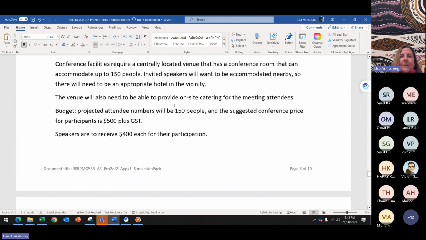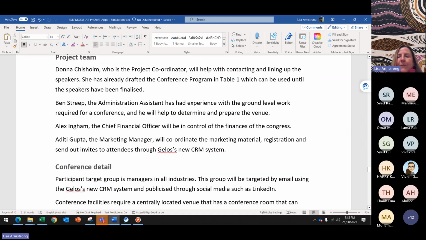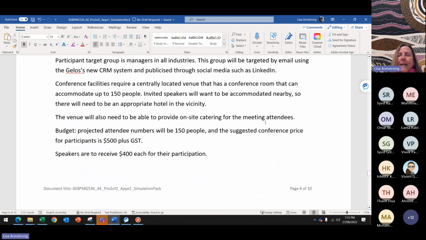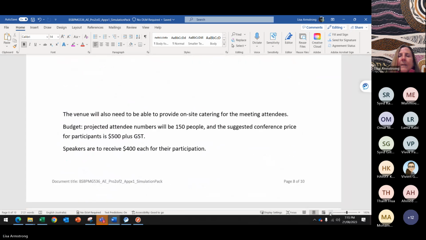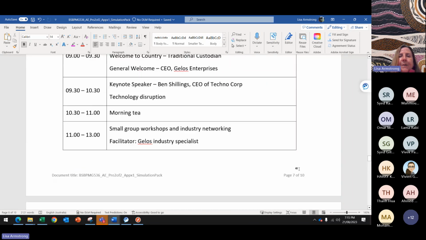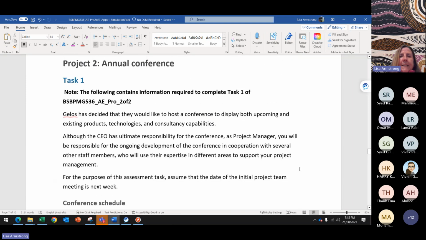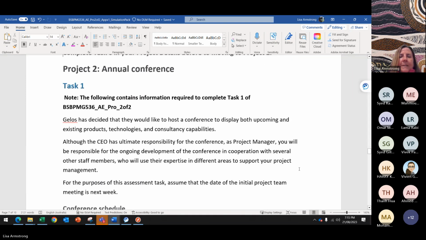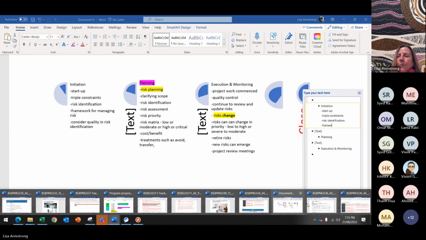Okay, complete task 1. If you just have a read of pages 7 and 8 in your simulation pack, that will give us what we need for task 1.